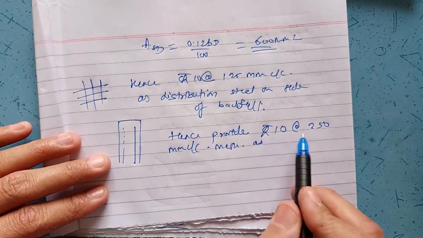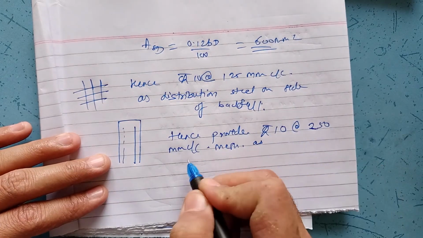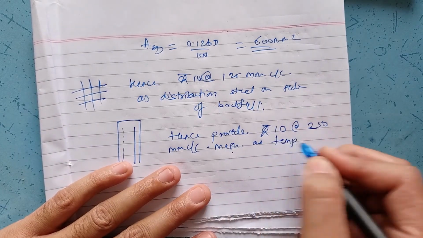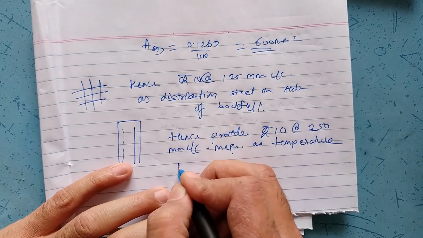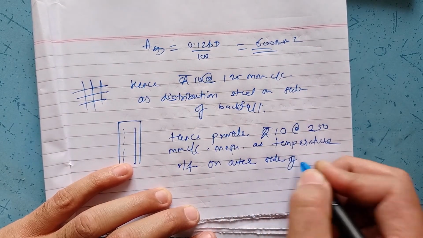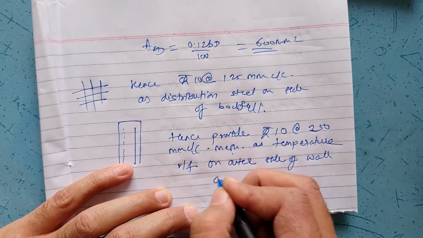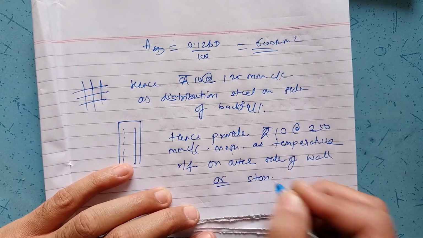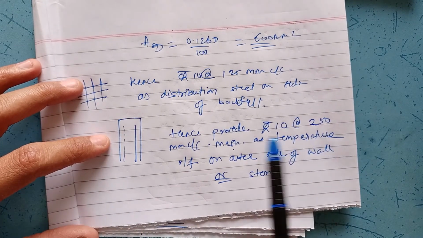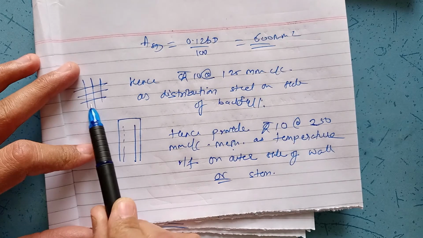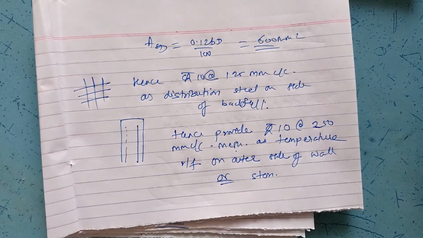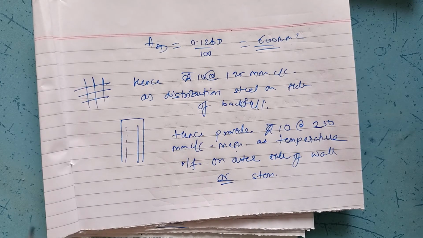Hence provide torque 10 at 250 mm center to center as mesh, as temperature reinforcement on the outer side of the wall or stem. This minimum reinforcement, that is 10 mm at 250 mm center to center mesh, is to be provided on the outer side of the wall. This is called temperature reinforcement because it accommodates the temperature changes.